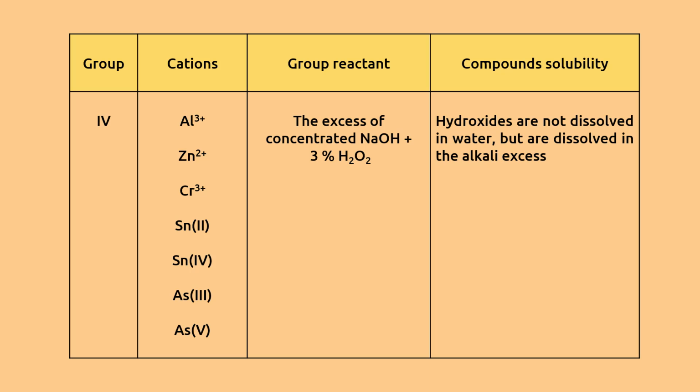Under the action of the group reagent, at first, the precipitates of hydroxides are formed. They are dissolved in NaOH excess. The presence of H2O2 stipulates formation of hydroxoanions and oxoanions of these elements at the highest degrees of oxidation. At the same time, the cations of 5th, 6th analytic groups are precipitated as oxohydroxides, but hydroxoanions and oxoanions of the 4th group radicals remain in the solution.